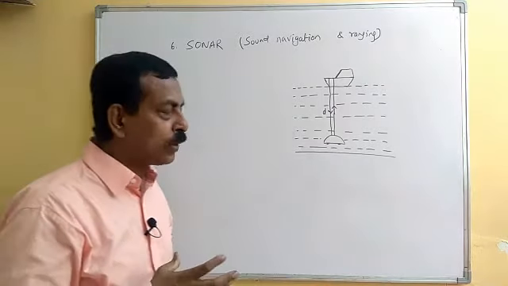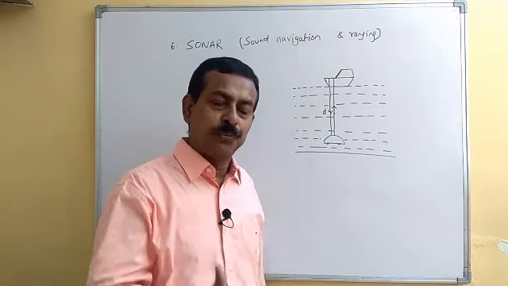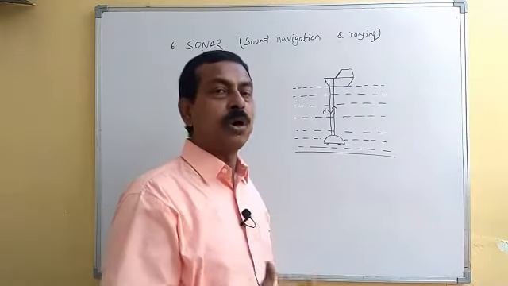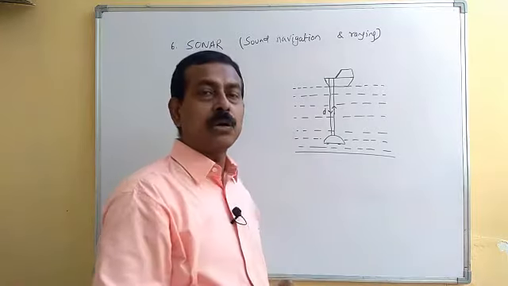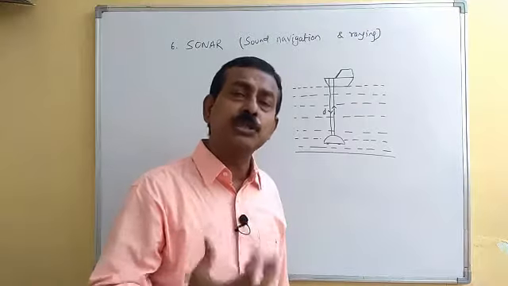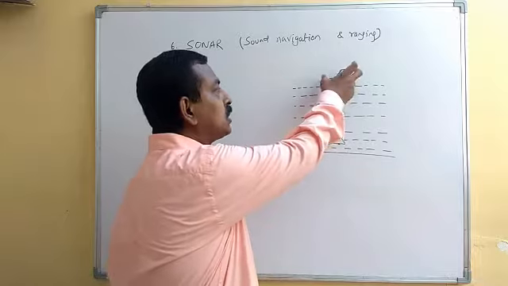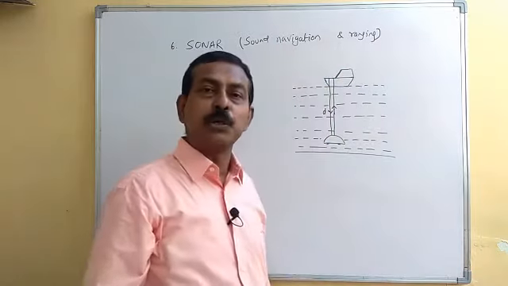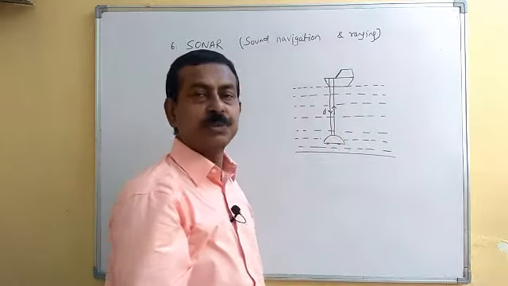In this one, we send ultrasonic waves to find the position of any unwanted object. Suppose it is the sea, or in the ocean there is any unwanted object, or we want to search for any particular object there. Suppose this is the ship on which we have the sonar equipment. From that, we will be sending the ultrasonic waves.